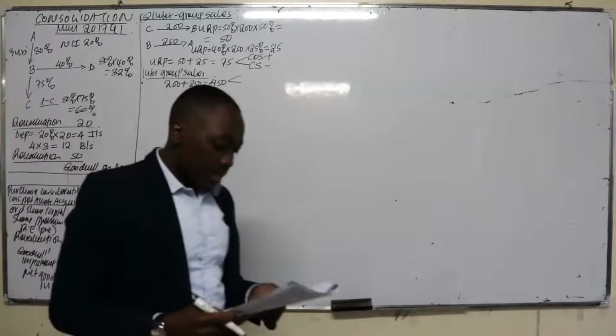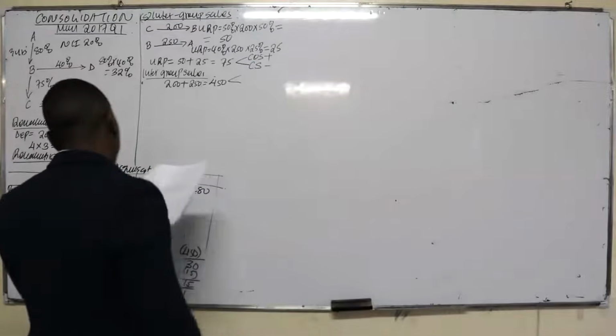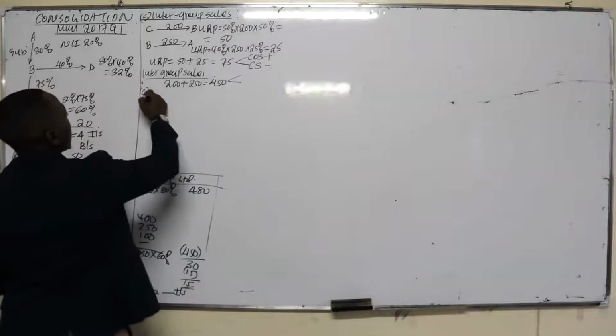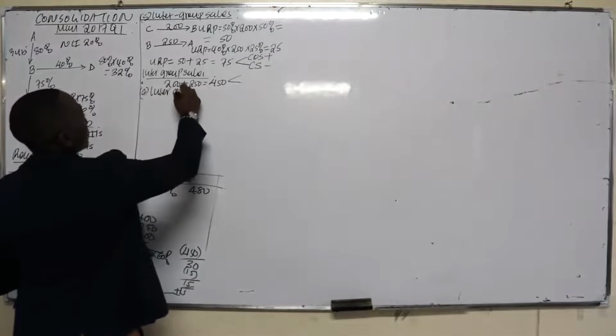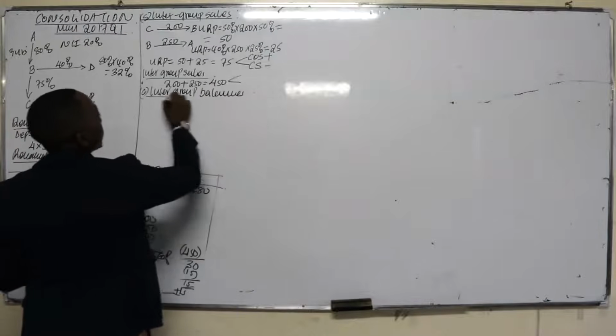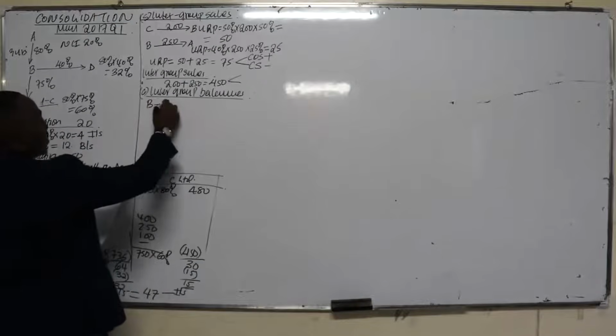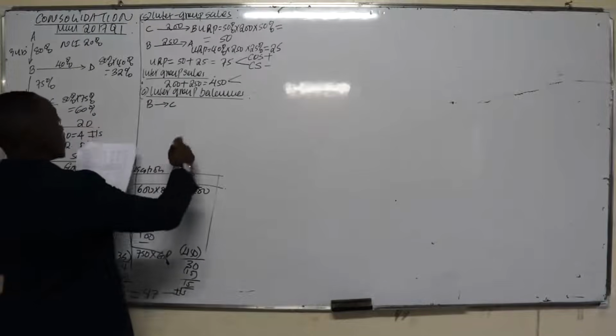Let's go to number 6. Intercompany balances were as follows. Intergroup balances due from B to C, it's an amount of 40.